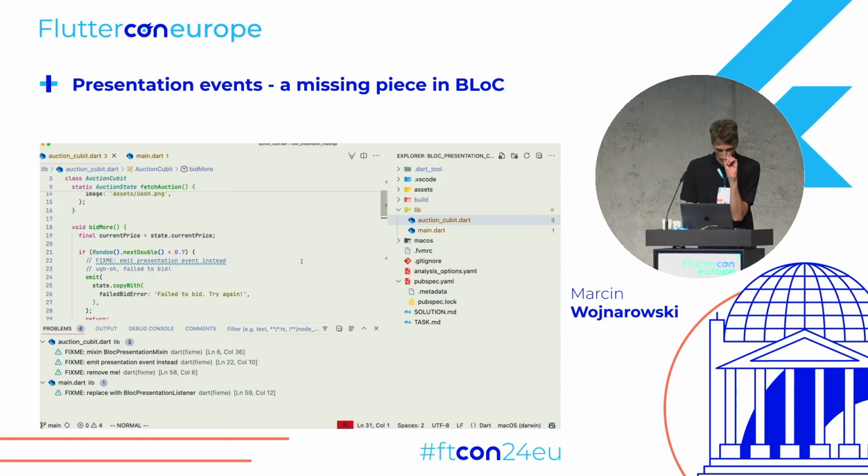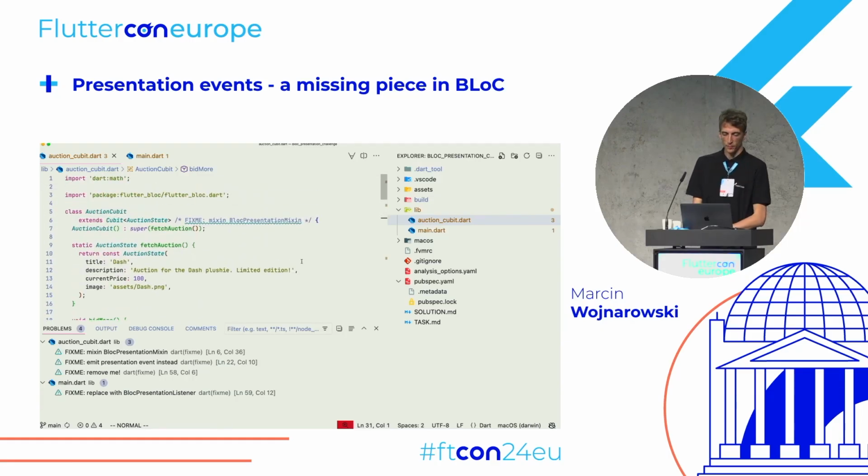Yes, perfect. Okay, so this is the auction that I talked about, but now we'll go through refactoring something that used the state to try to represent the error that is transient, but now we'll just move it to the presentation.